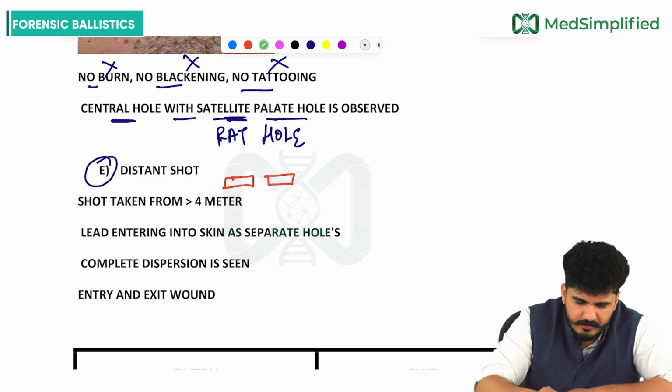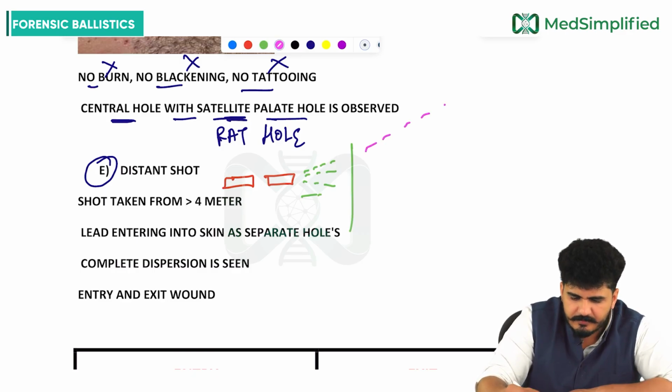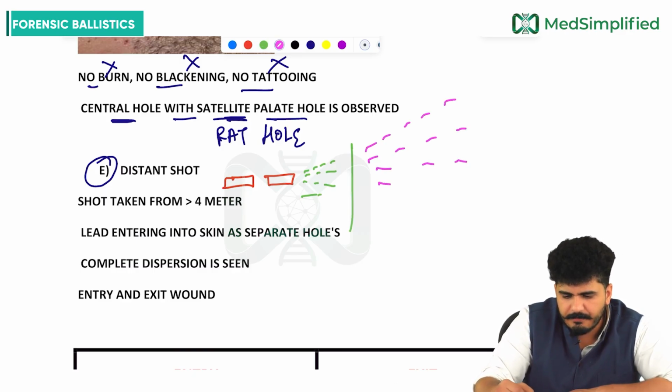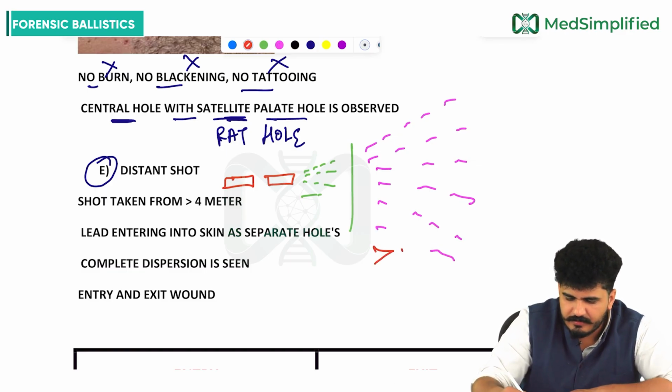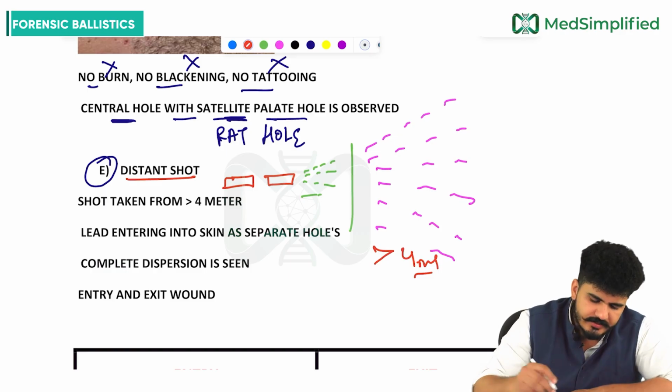After 2 to 4 meters, little dispersion happened. But after 4 meters, what has happened now? Complete dispersion. This is the scenario after 4 meters. This shot is called distant.